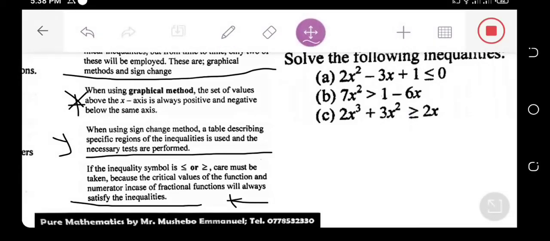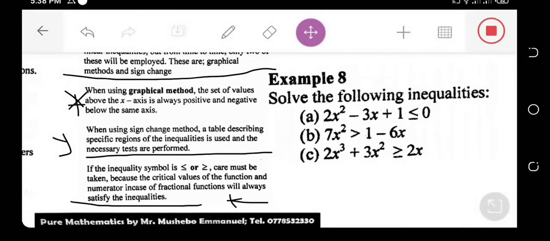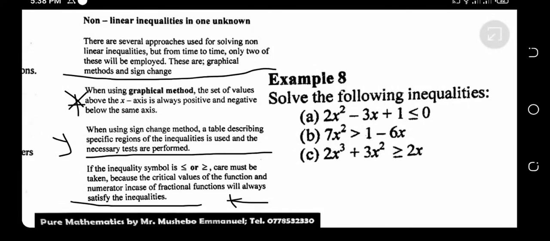and here we can be able to see the examples, saying solve the following inequalities. So when they say solve the following inequalities, we have A: 2x squared minus 3x plus 1 less than or equal to 0. Then B, we have 7x squared greater than 1 minus 6x. And then C, we have 2x cubed plus 3x squared greater than or equal to 2x.